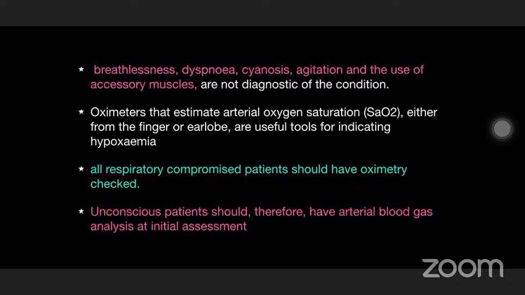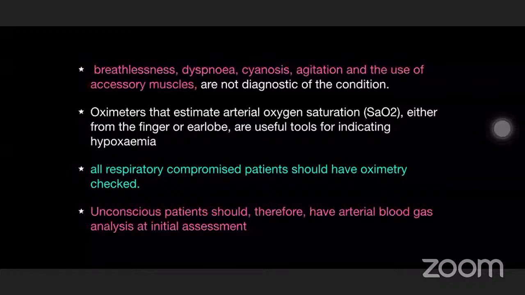But these are not diagnostic of the condition. So we use oximeters that estimate arterial oxygen saturation either from the finger or earlobe, and they're useful for indicating hypoxemia. All respiratory compromised patients should have oximetry checked. Unconscious patients should therefore have arterial blood gas analysis as initial assessment.